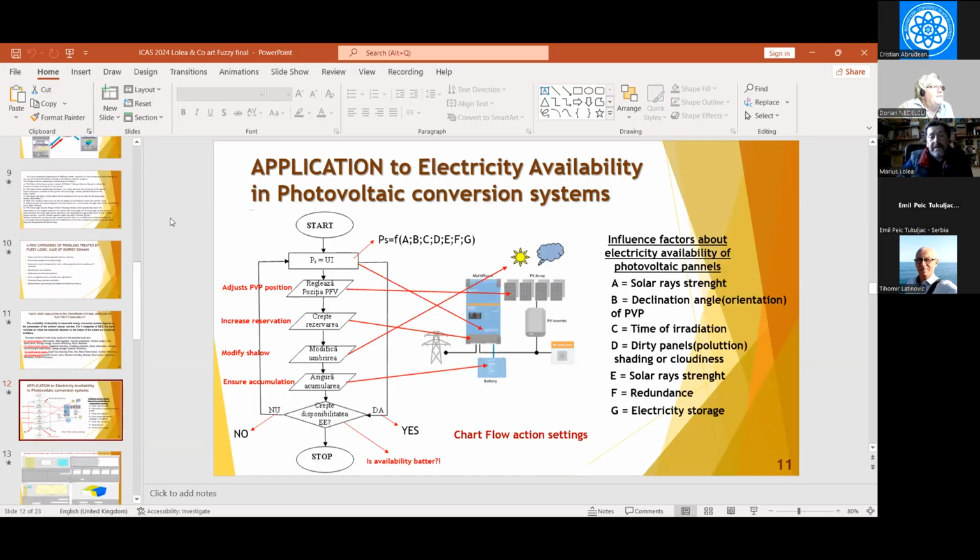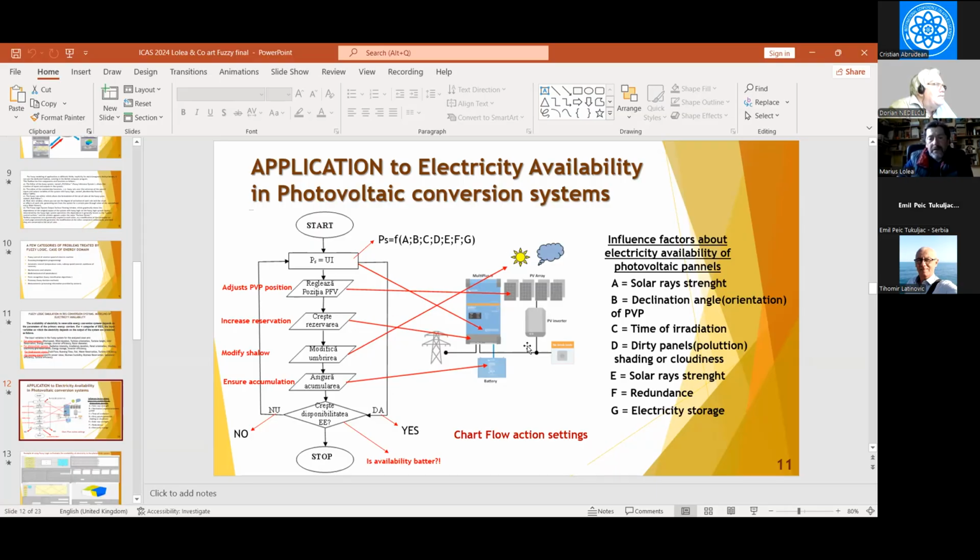Application to electricity availability in photovoltaic conversion systems. This is a flow chart of action settings in which, at the start, we propose to adjust the availability of electricity in the photovoltaic conversion system: A, solar ray strength, and G, electricity storage. Adjust the position of the photovoltaic panels.